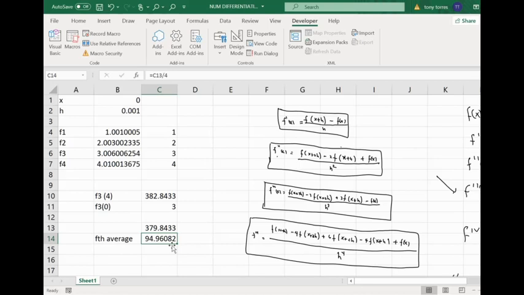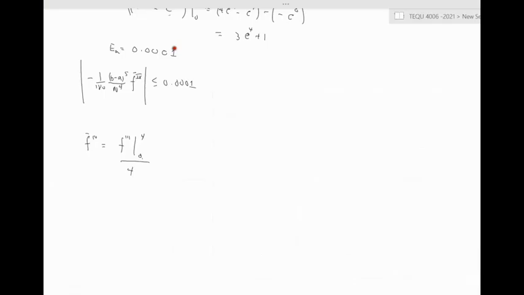Let's do that. So our value of the fourth derivative for that function eventually ends up being 94.9608.